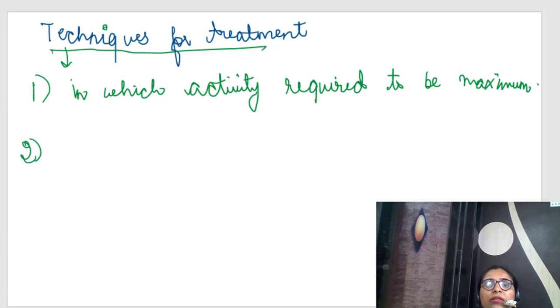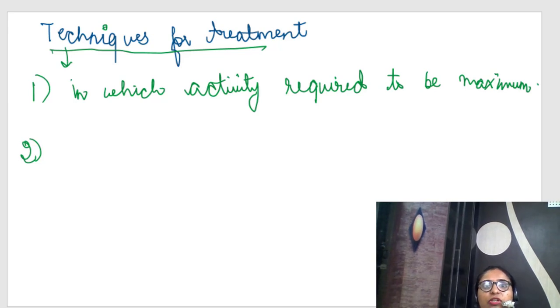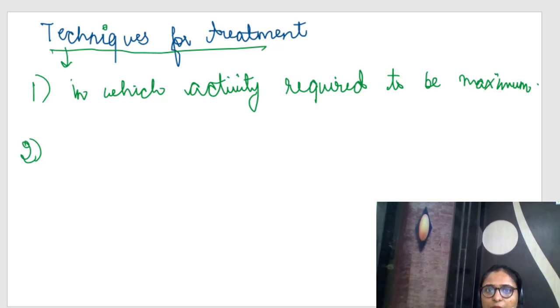You design the patterns in such a way that they resemble the patient's normal daily life activities. Then the patient will use them maximally, and it will be in a functional way, helping the patient perform in a better functional way.